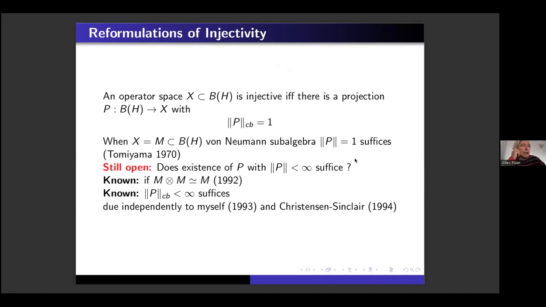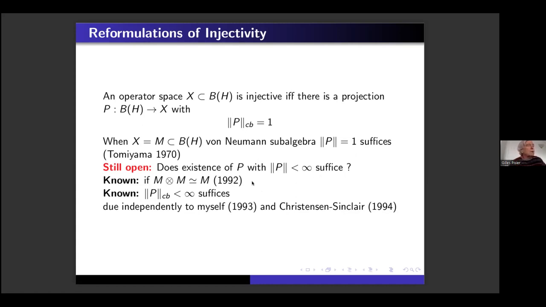But a strange question that remains open is, suppose you have a projection which is just bounded from B(H) to M. This is something that intrigued me many years ago, and it is still open, I'm pretty sure.